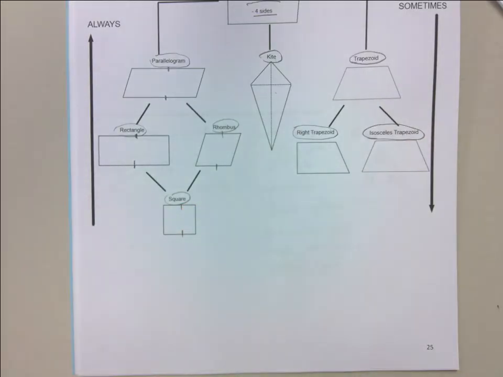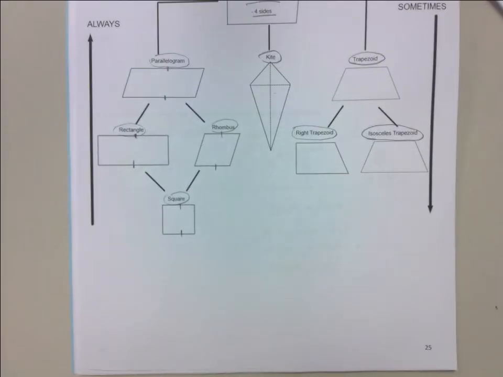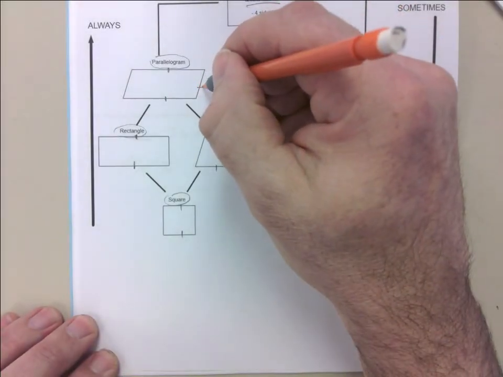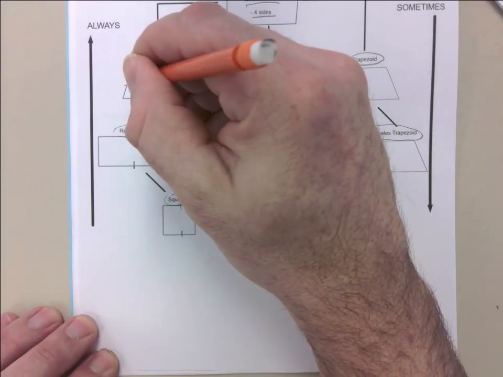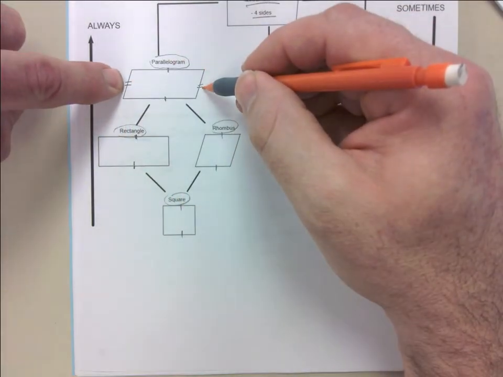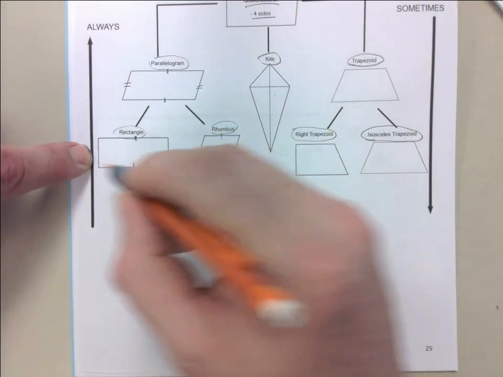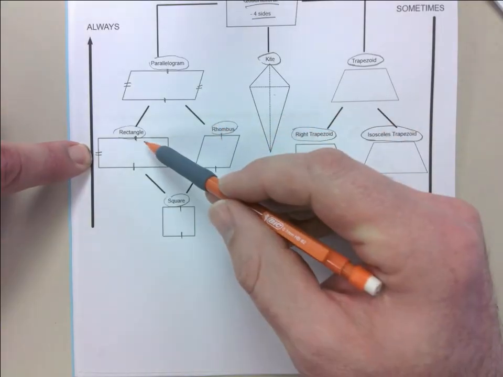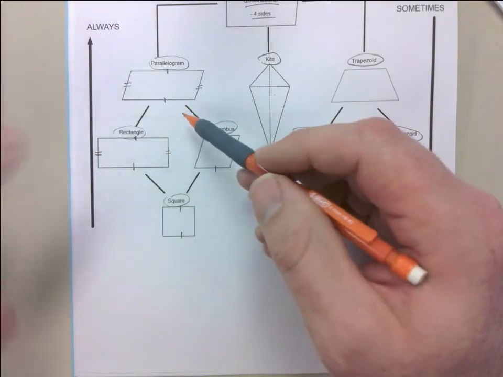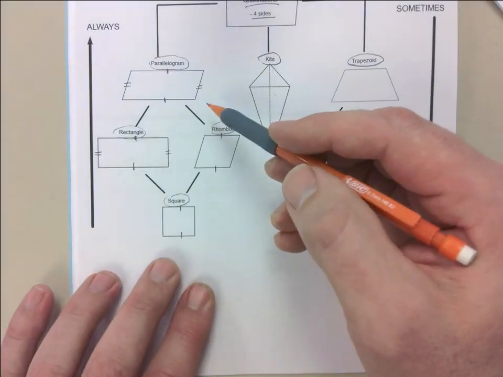Okay? We know that the side lengths on the sides, these are going to be the same. Same here. So we've got 2 pairs of congruent sides.